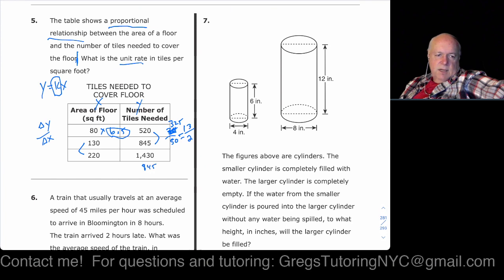And if that's 900, we're going to get 585 over 70 over 90.